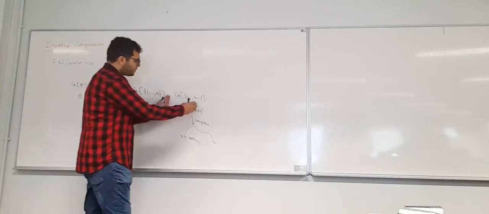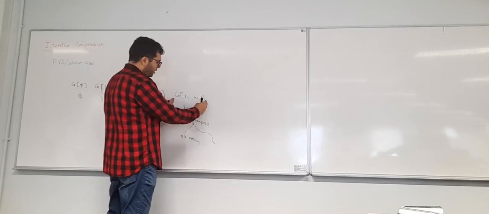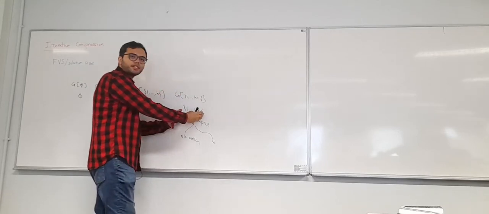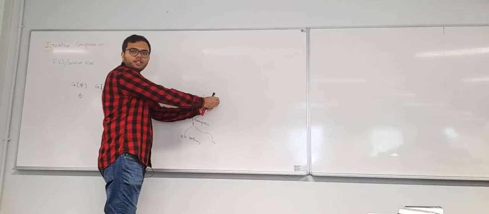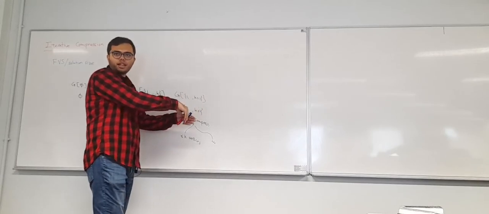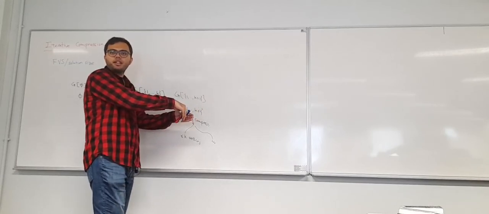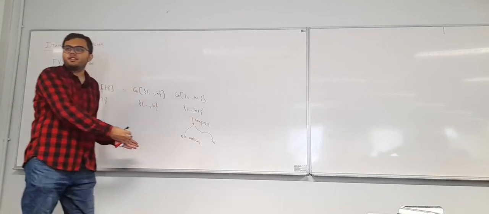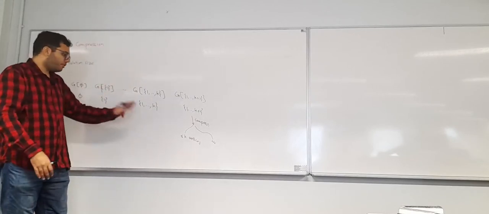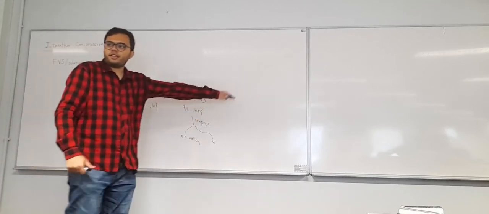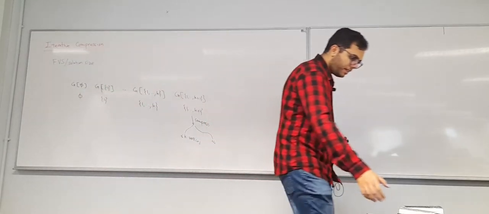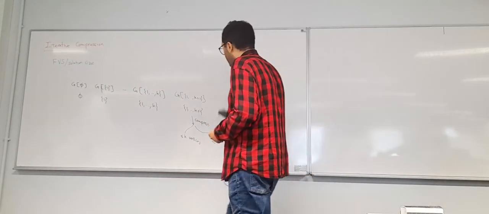And from this point onwards, I just continue with this. I always have a solution of size k. I'm adding a new vertex. I add that vertex to my solution. I have a solution of size k plus 1. And then I try to compress it. If I can't compress it, the answer is no. If I can compress it, I have an answer and I can continue. Okay, so this is fine.